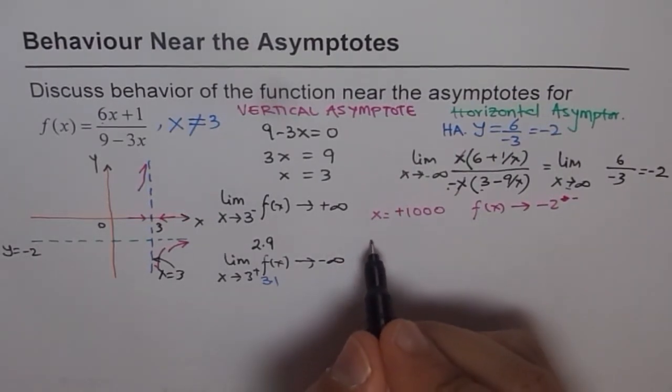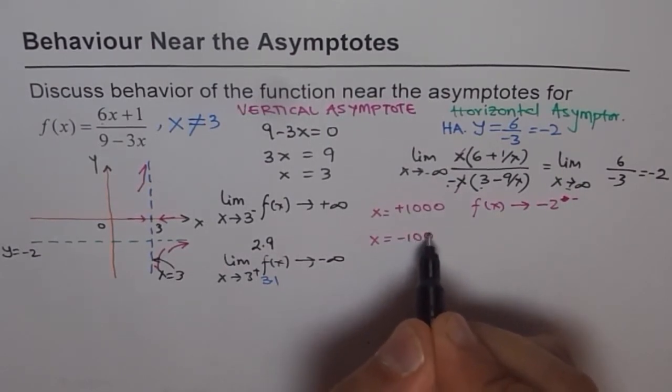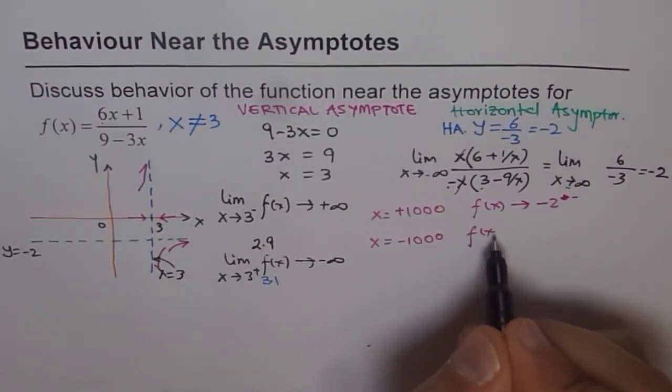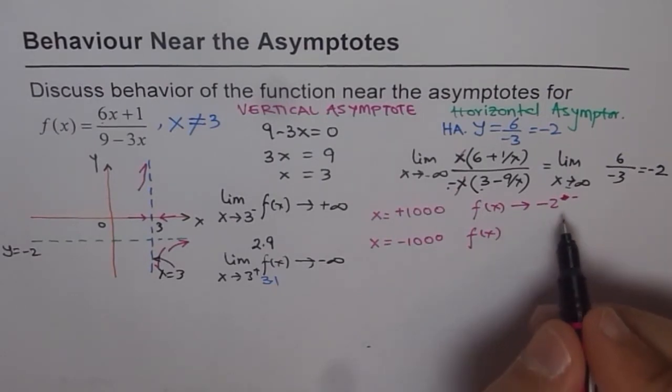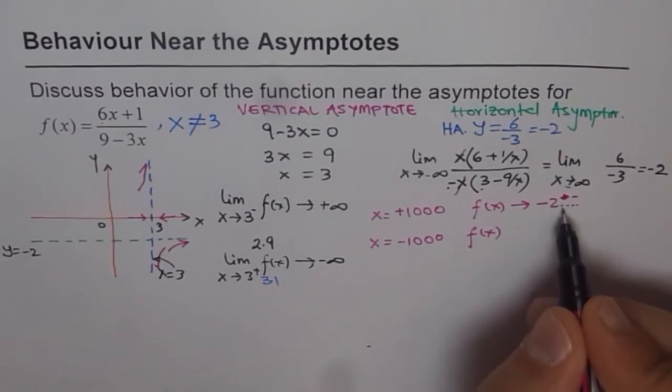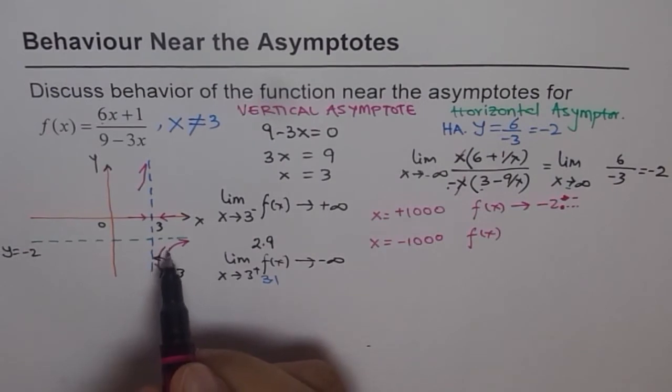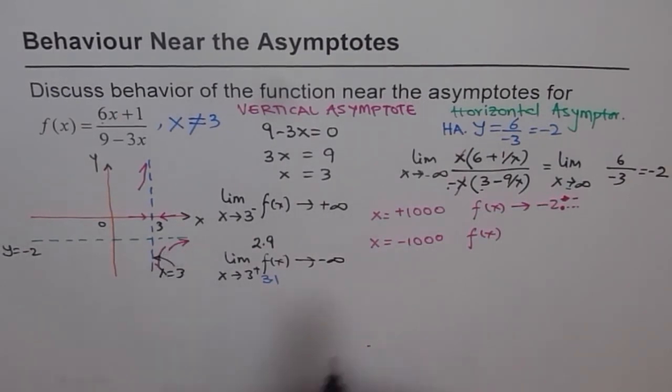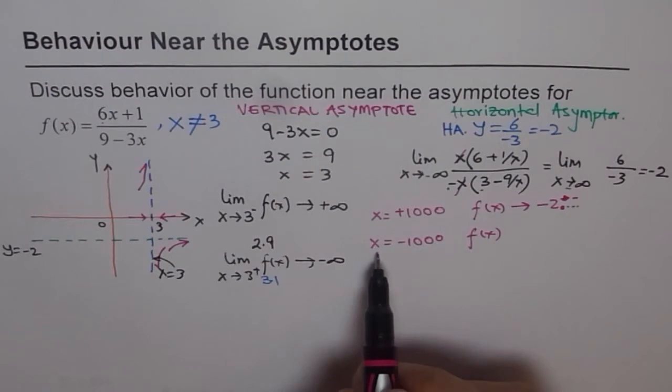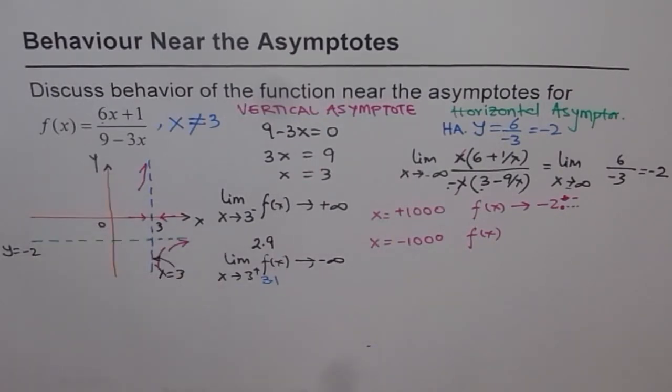Now if I substitute x equals minus 1000, what happens to f of x? In the earlier case it is minus 2 point something, so we are approaching from the downside. Now when we substitute x equals minus 1000, we get in the numerator minus 6000 plus 1, so I can write this as 1 minus 6000, divided by, within brackets, 9 plus 3000, right?